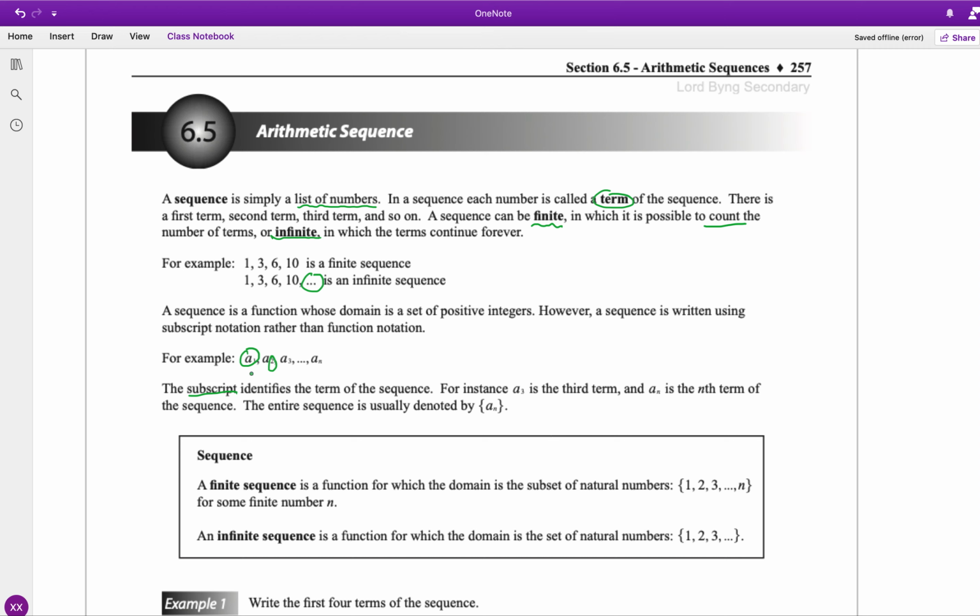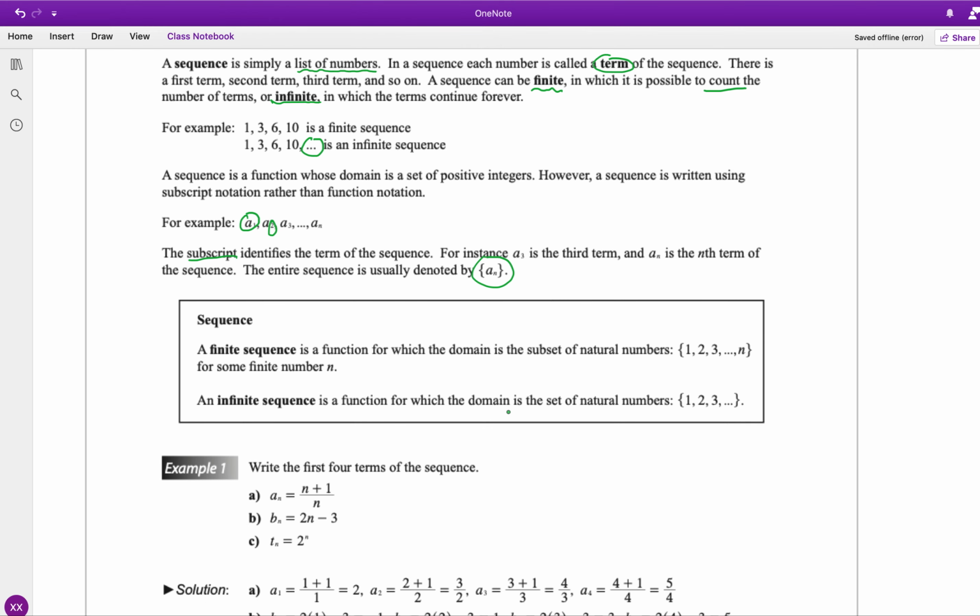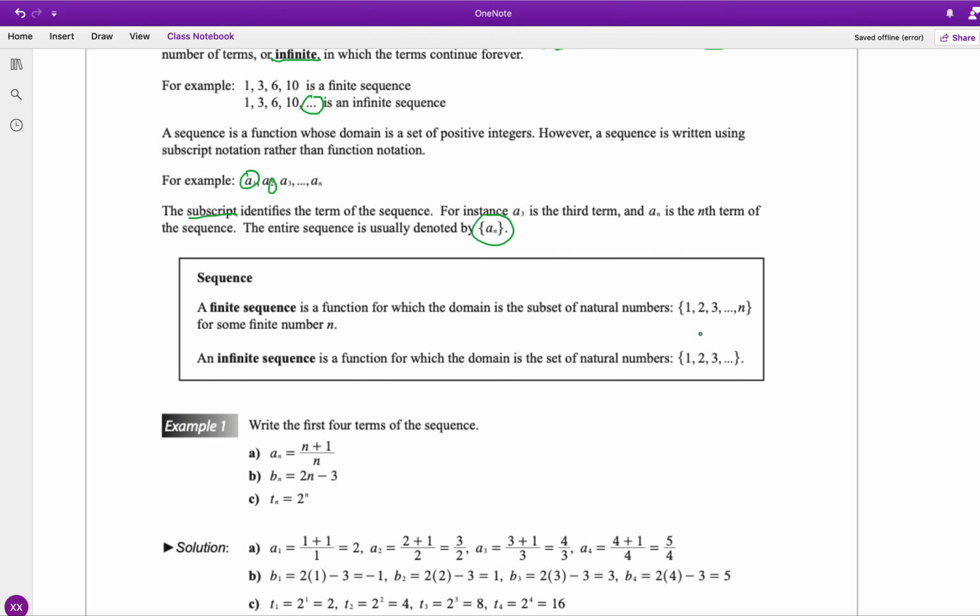As we look at A1, A2, A3, all the way to An, using set notation, we can write the entire sequence as {An}, meaning the list of numbers from A1 to An. Let's pay a little more attention to this. For a finite sequence, we write it from 1, 2, 3, all the way to n. These are just consecutive natural numbers.